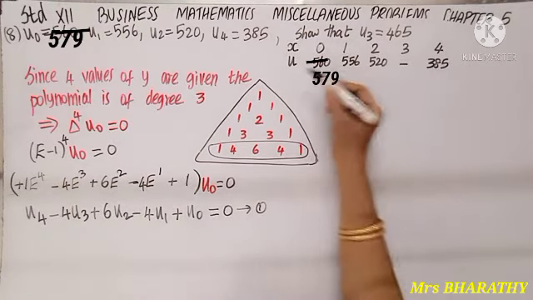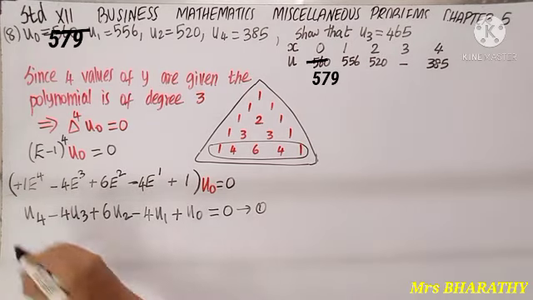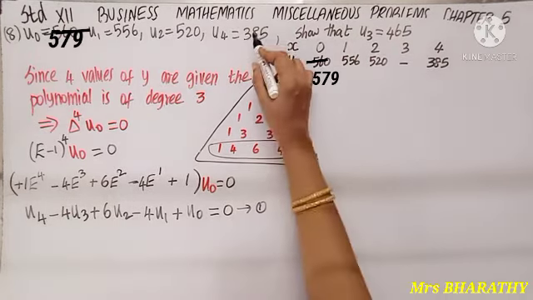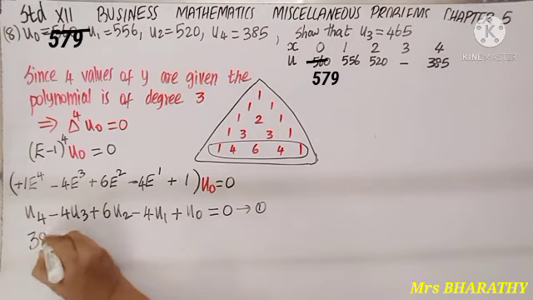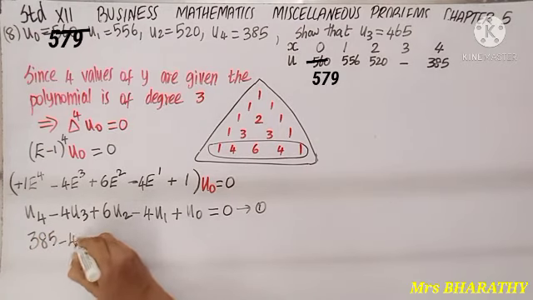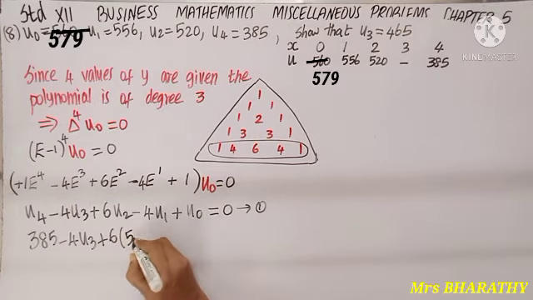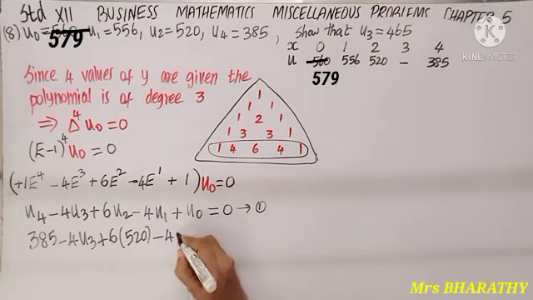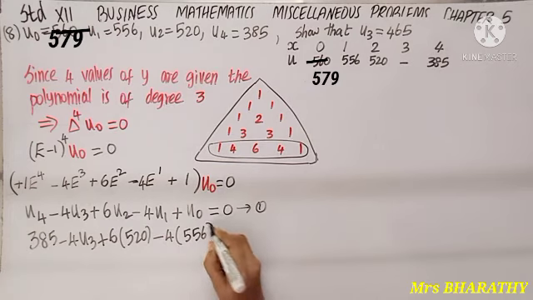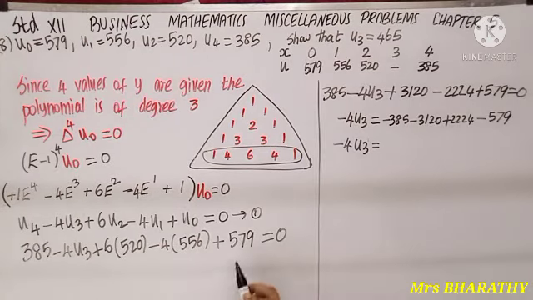As we substitute the values, u4 is 385. Minus 4 u3 is not known, plus 6 into u2 520 minus 4 u1 556 plus 579 equal to 0.